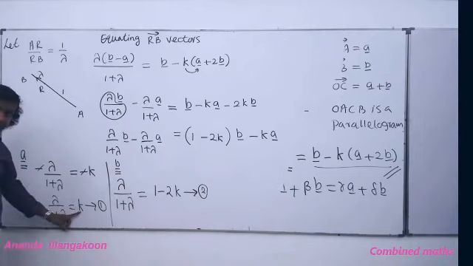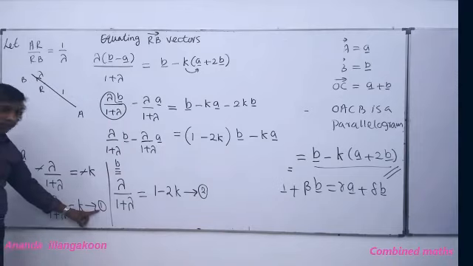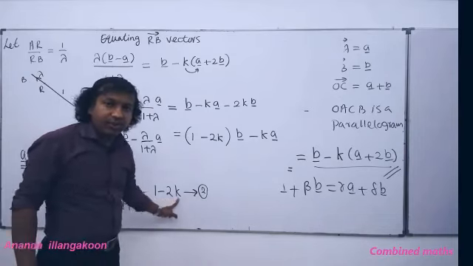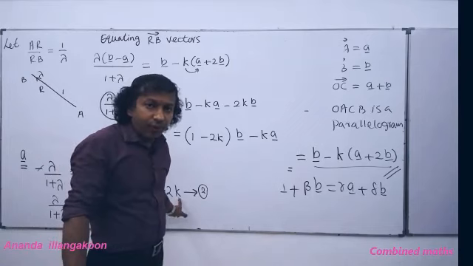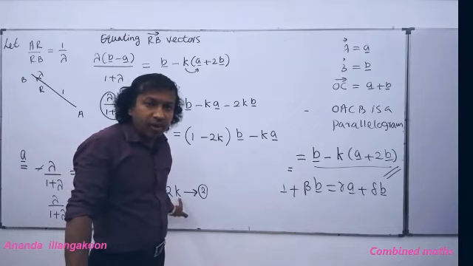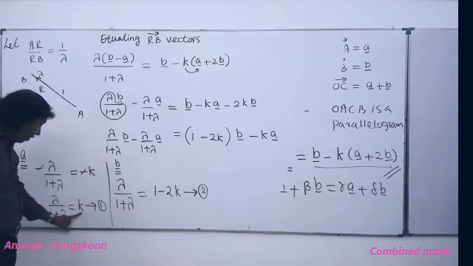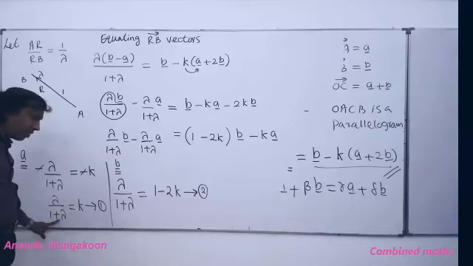This k given by number 1, we substitute here, and we get an equation only involving lambda. By solving that, you can find lambda, right? Now try that, people. Substitute this k. What is k? K equals lambda upon 1 plus lambda, no?